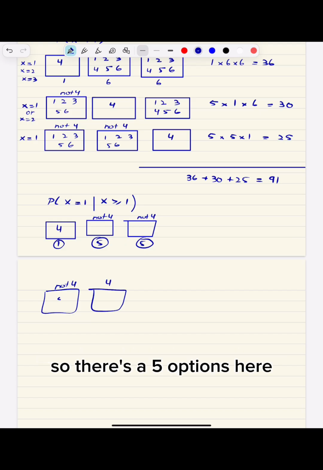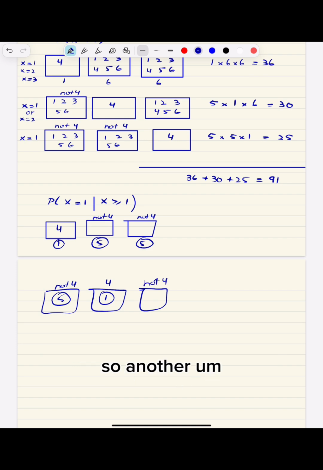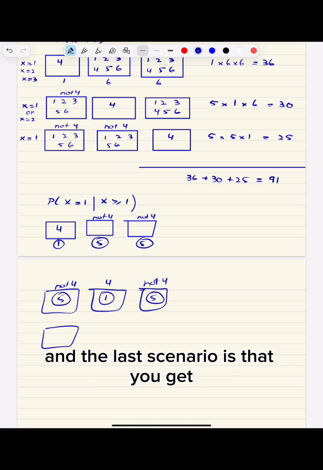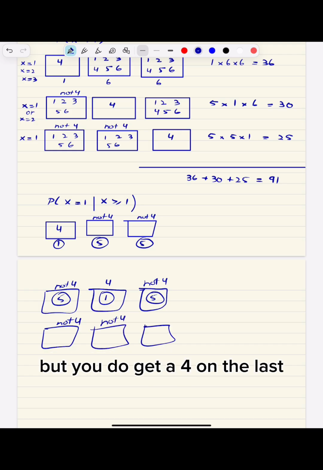So there are 5 options here, 1 option here, and the last not being a 4, so 5 possibilities here. And the last scenario is that you get not 4 on the first, not 4 on the second, but you do get a 4 on the last. So 5 into 5 into 1.